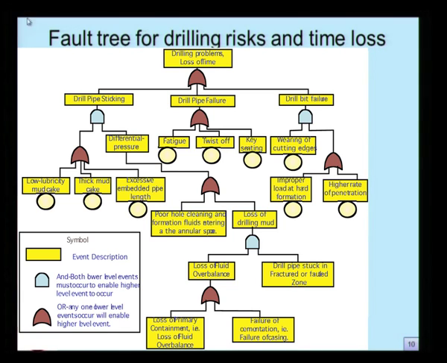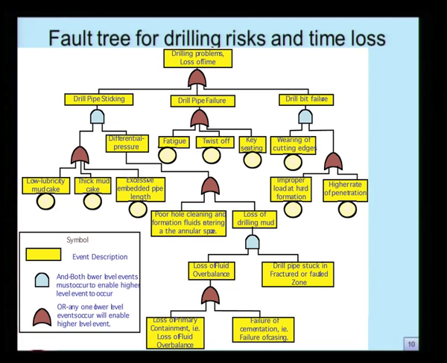Let us look at the fault tree here as I am drawing it for a drilling risk. I am now addressing drilling problems and loss of time both. The drilling risk can occur mainly from three sources. It can be a drill pipe sticking, it can be a drill pipe failure, it can be a drill bit failure. If we look at the symbol here, either one of them is sufficient to cause a drilling risk.